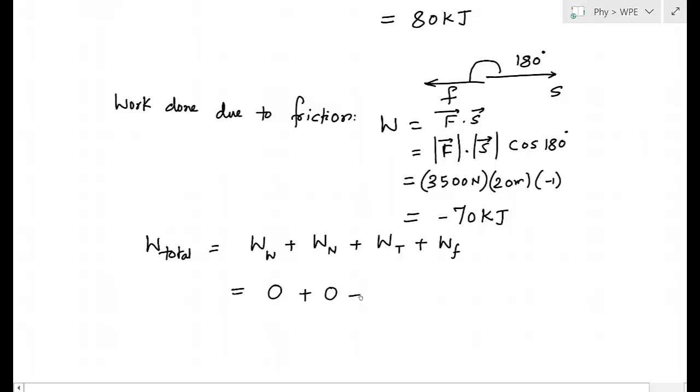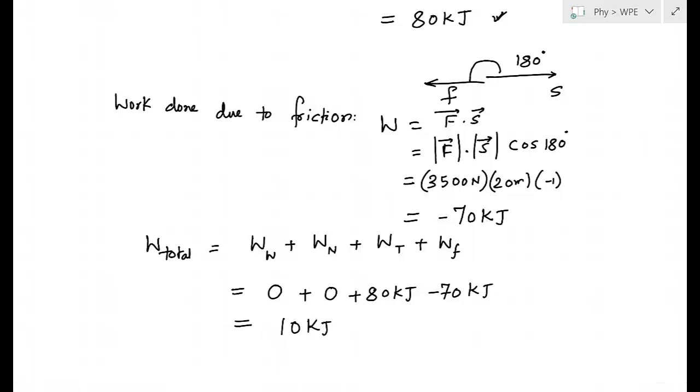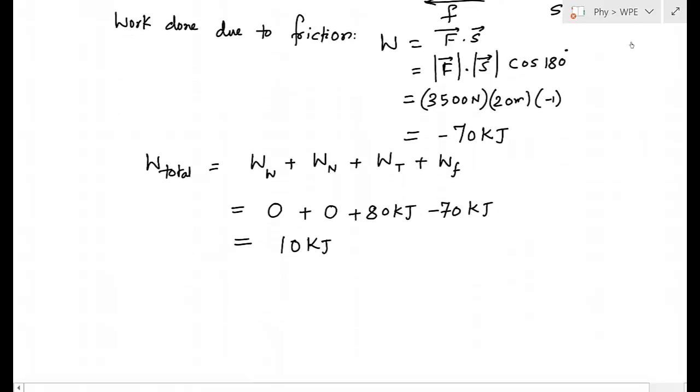Normal reaction is 0, and work done due to tractor we just calculated, this is a positive work, that is 80 kilojoule, and due to friction this is a negative work, that is -70 kilojoule. So if you sum all together, this will turn out to be 10 kilojoule of work. So we can say the total work done by the tractor and all the forces is equal to 10 kilojoule.